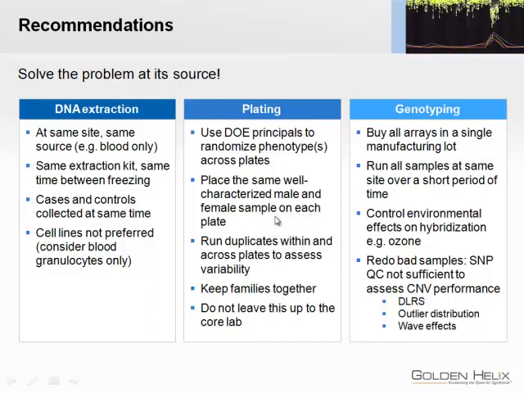We recommend placing a well-characterized sample, maybe even two, a male and a female, on every plate, so you have the same sample from plate to plate and can really look at the variability. Potentially even use it for normalization and correction of distortions due to variation from plate to plate. We ran this large study, as I mentioned earlier, where we used HapMap samples for this, and we regretted it because they were cell lines.